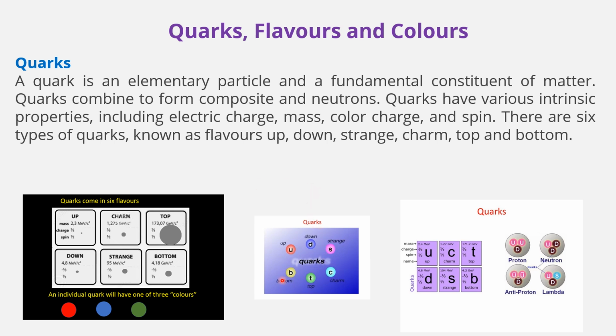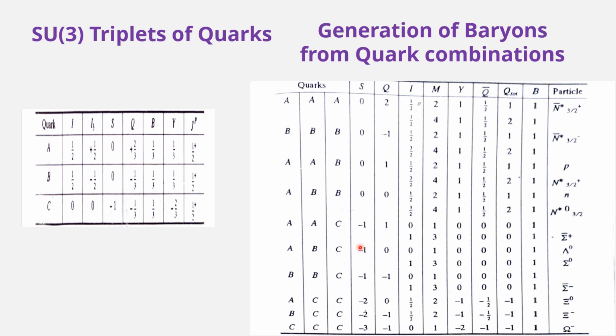And here, this is again quarks, which is nothing but the combination of the particles. This table represents the SU3 triplets of quarks. For example, for a quark, the isospin, the Z component of isospin, strangeness, charge, baryon number, hypercharge, and parity are given for the three quarks A, B, and C. And this second table represents the generation of baryons from quark combinations.